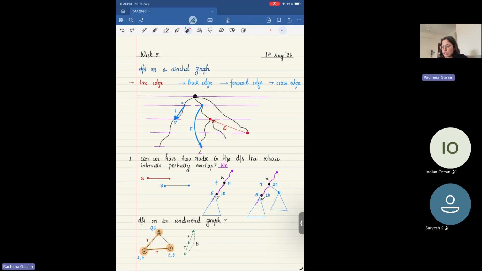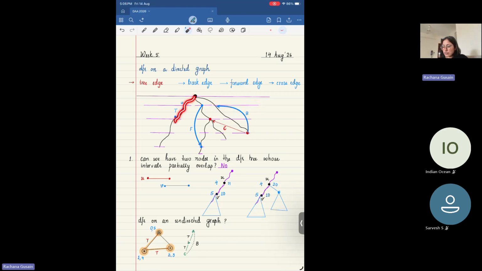Okay, so it's only the back edge. I forgot to draw it here. Let's say this was a back edge. Only a back edge is going to take you to a node with a higher finishing time.